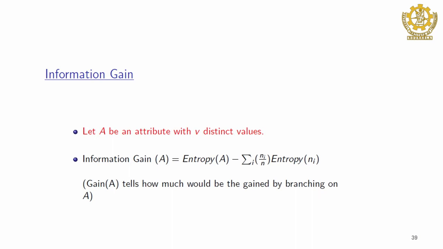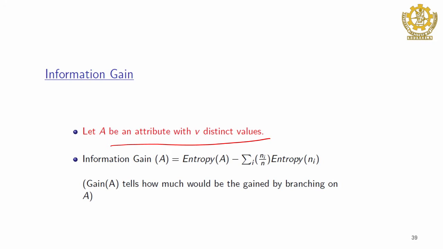Now, there is a term called information gain. In the earlier case of the impurity measure using the Gini index, we also saw a term called gain. Let us say A is an attribute and it has V distinct values. In the earlier example we had the card type, with 3 types of cards.